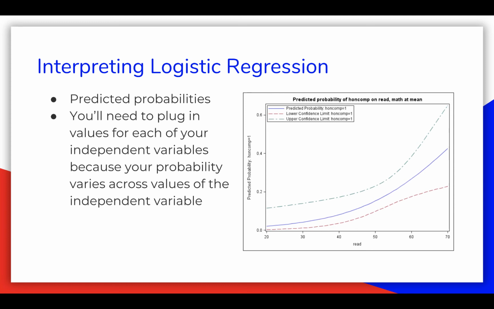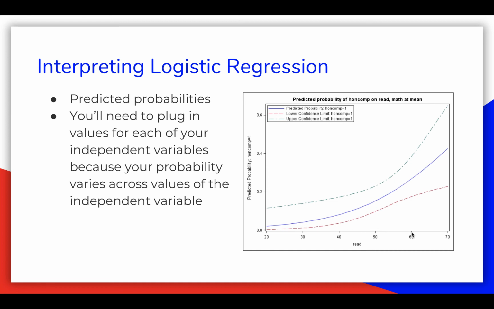The reason we have to plug in values for each of our independent variables is that the probability varies across values of your independent variable. Here you can see that going from 20 to 30 minutes of reading has a low slope. A 10-unit increase here has a small effect on the predicted probability.